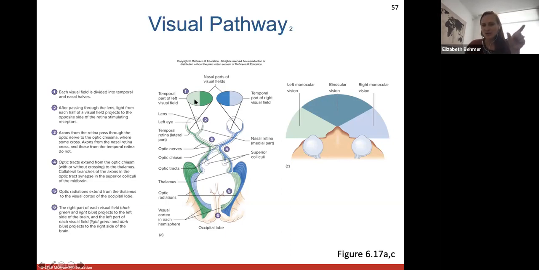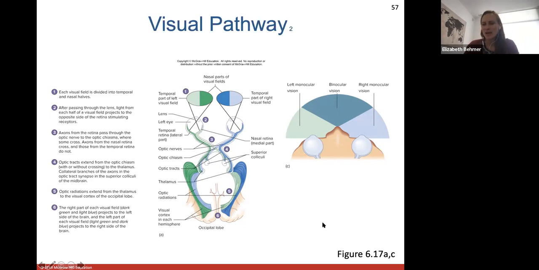You'll notice that part of your left vision field will get projected and processed on the right side of the brain, and part of your right vision field will cross over and get processed on the left side of the brain. We have what we call the binocular vision field, where both eyes focus on the same things. And then the right and left monocular vision field is more of your peripheral vision that your eyes can see in the periphery.